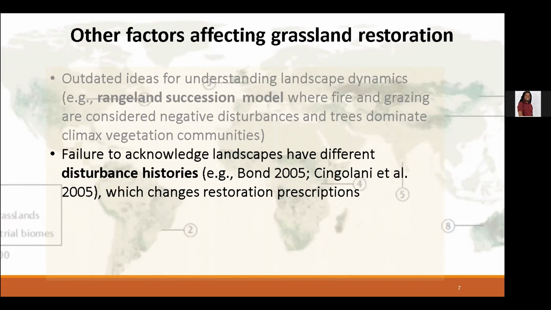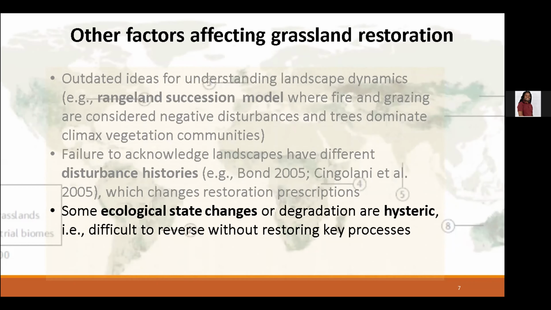But of course, this has been shown to be wrong. One of the reasons is that these succession ideas failed to acknowledge that landscapes have different histories of disturbances by fire and herbivores. And because of that, how we restore them should match the history.